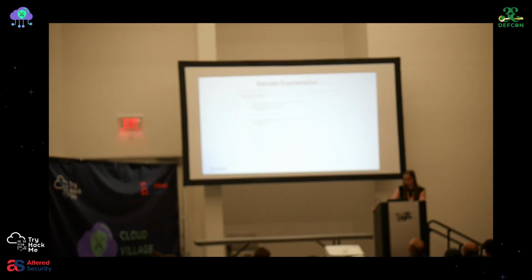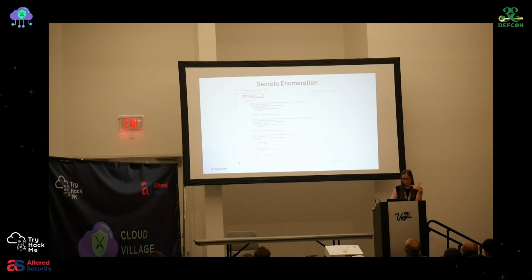Then I started to perform secret enumeration from within my Jupyter notebook. As you can see here, I can see all secrets, and as you know, when we do a list, we can also see the metadata of the object. So basically, I could understand what secrets I can read, because I could see the tags and the names of the secrets.